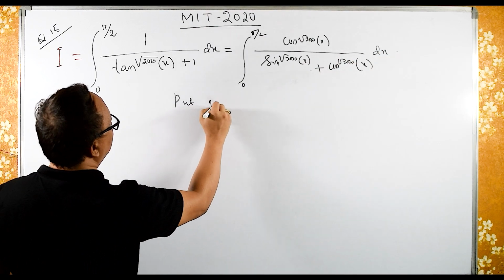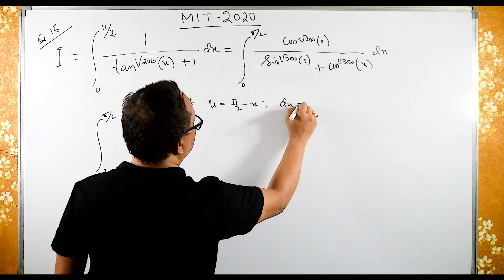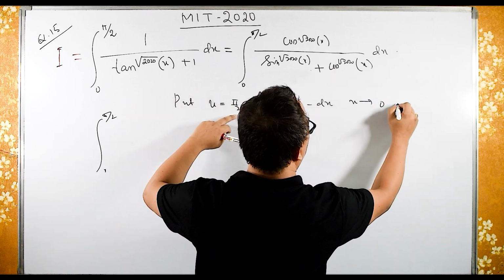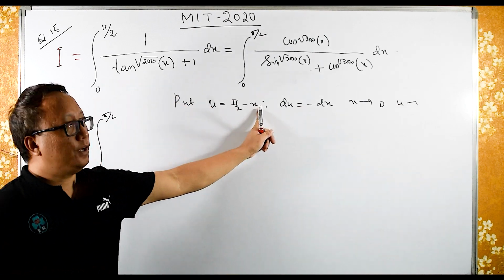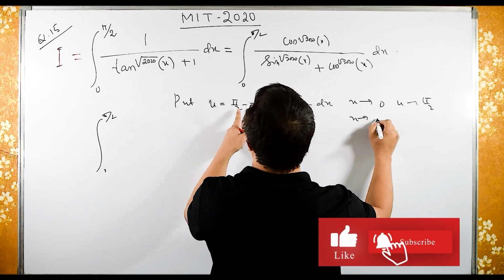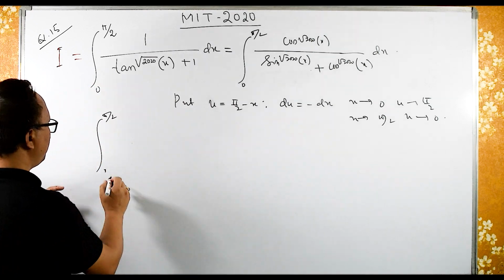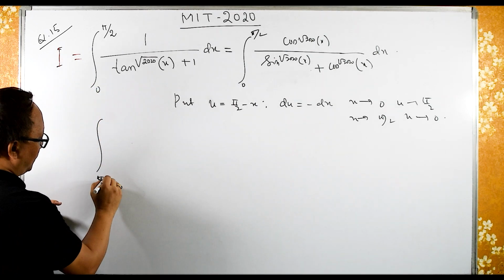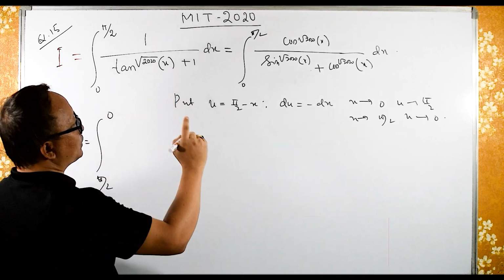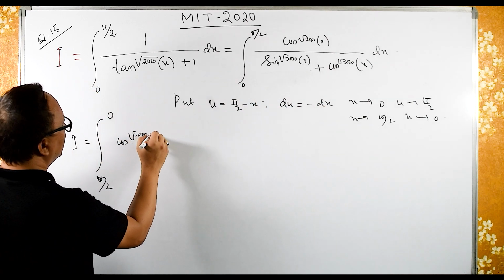By King's principle, u equals pi by 2 minus x. What is du? du is minus dx. What about the limits? When x tends to 0, u tends to pi by 2. When x tends to pi by 2, then u tends to 0. So 0 to pi by 2 becomes pi by 2 to 0. We have I, and here cos of square root of 2020 instead of x.